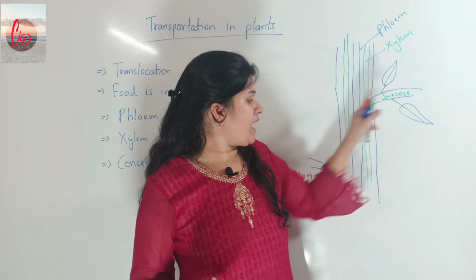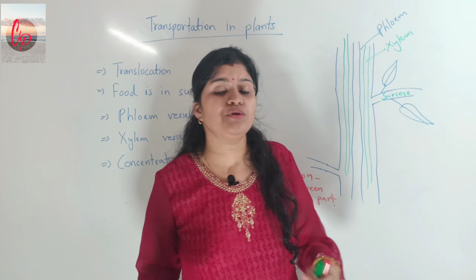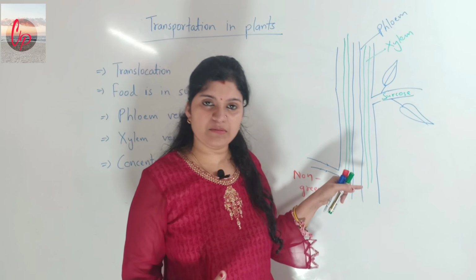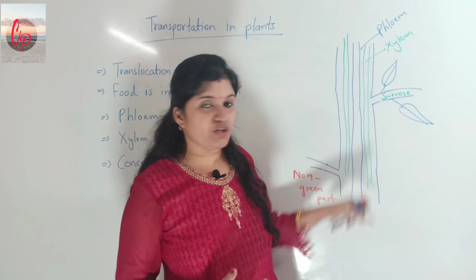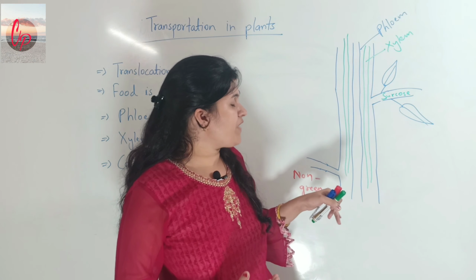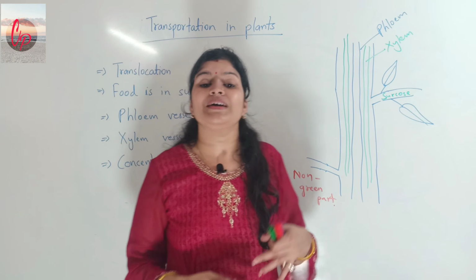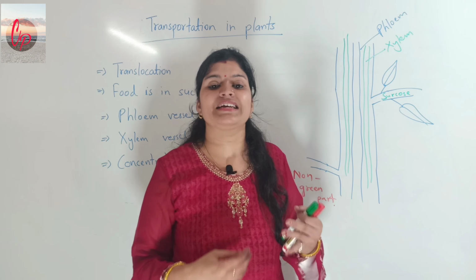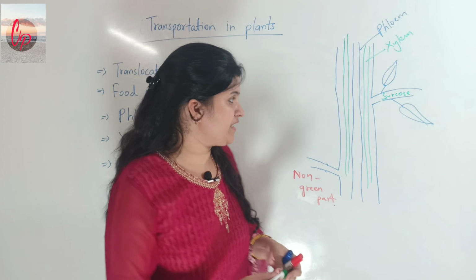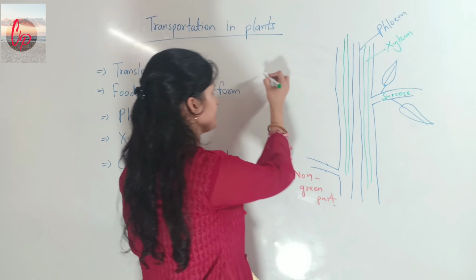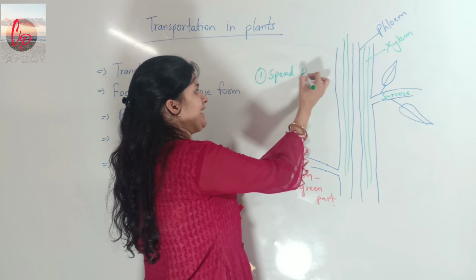If this is the green part and this is the non-green part, the plant is very worried about how to transfer the food to the non-green part, because this non-green part is also part of the same tree. So that's why, first of all, what will the plant do? It will spend some ATP. It will spend its energy for this transportation.